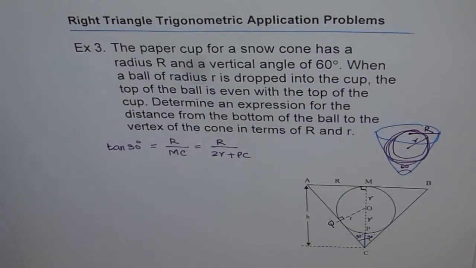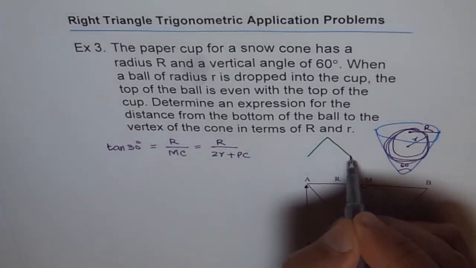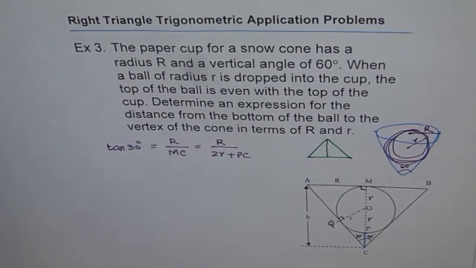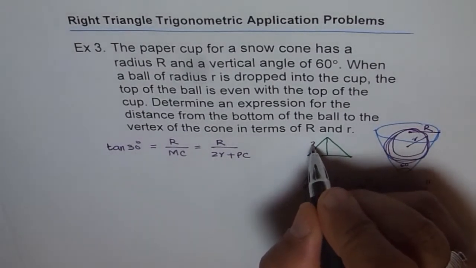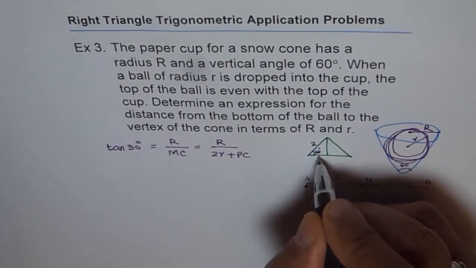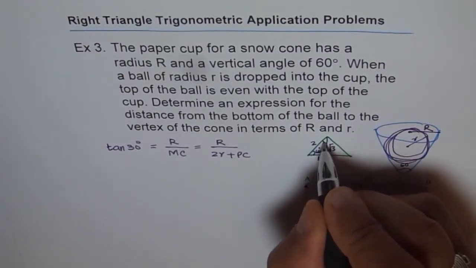Now what is tan 30? Well, we can always use our calculator and figure it out, but let's use the standard triangles for the time being. So in trigonometry, try to remember your standard special triangles. This is a 60 degrees triangle. So we have 1, 2, and this side is square root 3, and that is 30 degrees, correct?